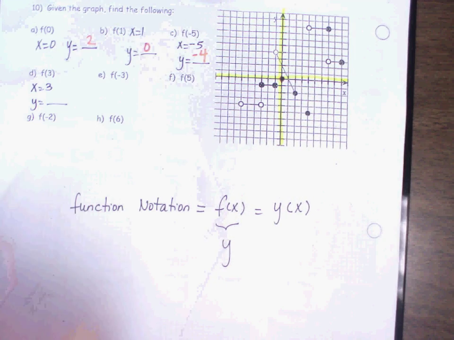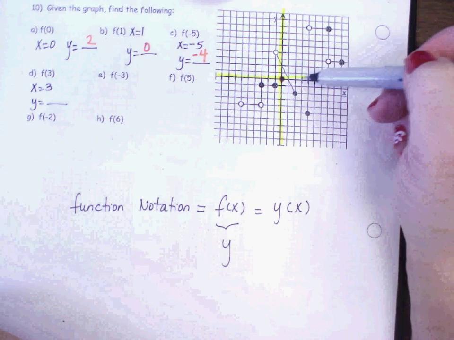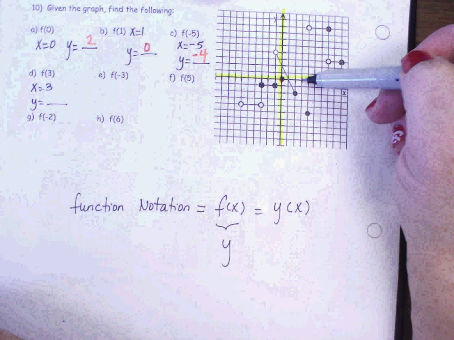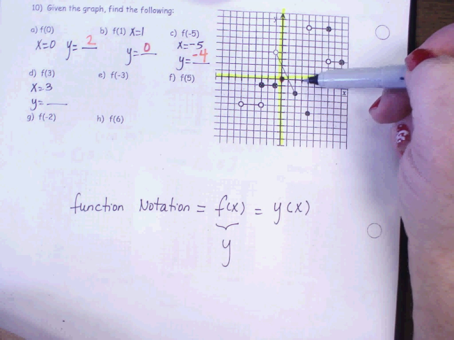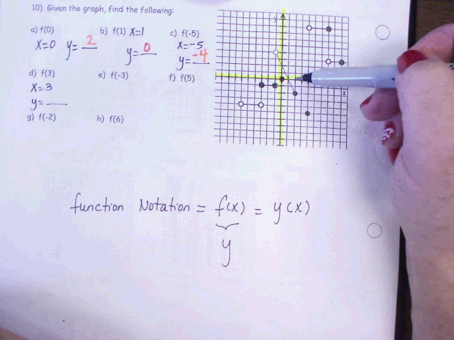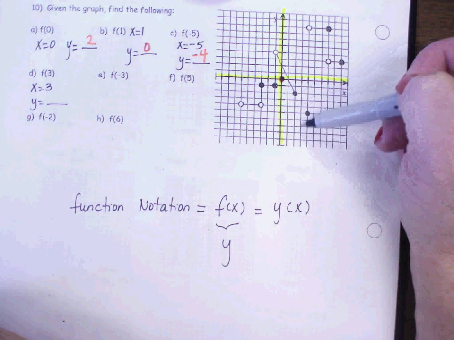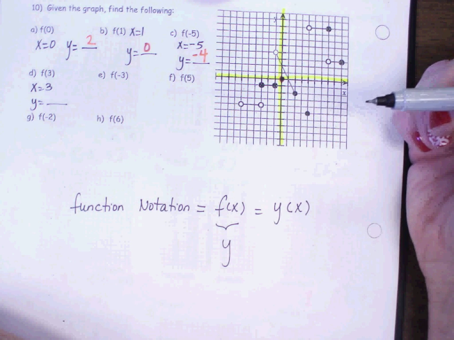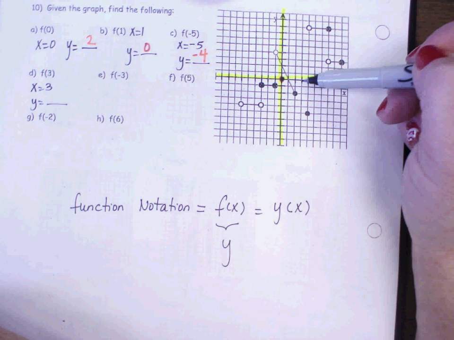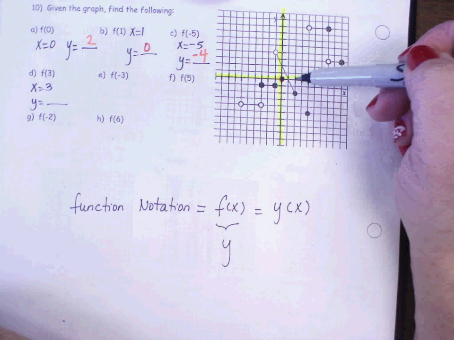So let's see. 1, 2, 3. There's nothing, is there? Let's see again. 1, 2, 3. Anything up there?